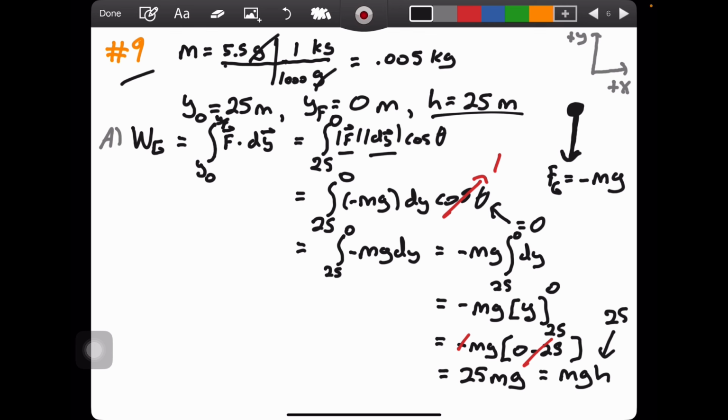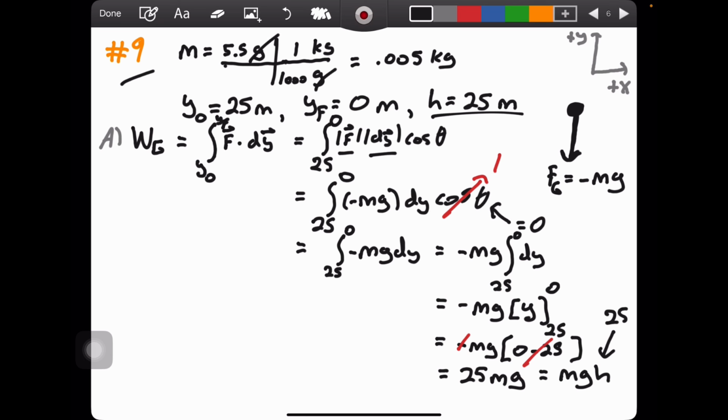But the point here is that for part A, we have now calculated what the work done by gravity is. And the work done by gravity, going from a bridge of the height 25 meters down to the surface of the water, is actually a positive value. It's 25 mg. That's because gravity's doing positive work.